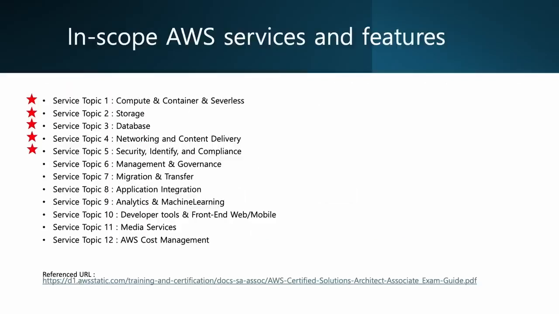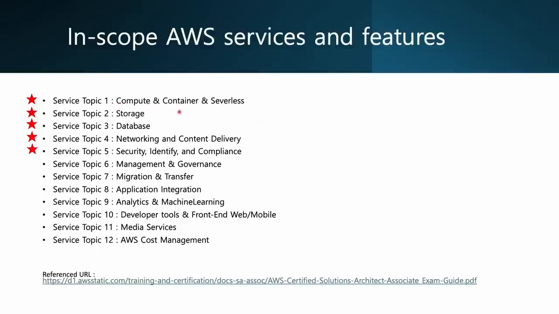As I explained in Lecture 1, there are 12 major service topics that we need to know to obtain the AWS Solutions Architect Associate C03 certification. Among them, topics 1 to 5 are the most frequently appearing topics on the exam. We studied the three-tier architecture in advance. Among the three-tier architecture, the part corresponding to the logic tier is the compute, container, serverless part.